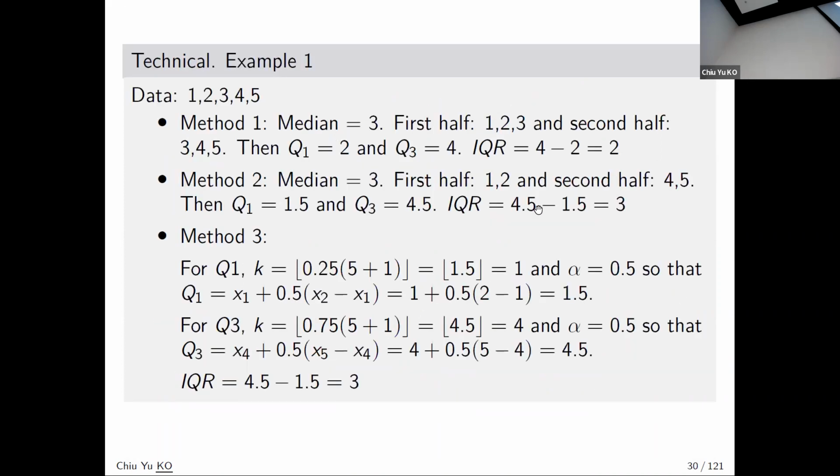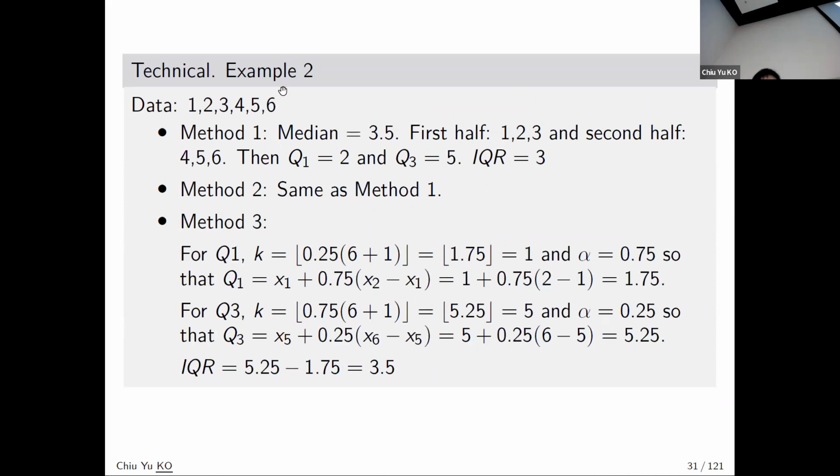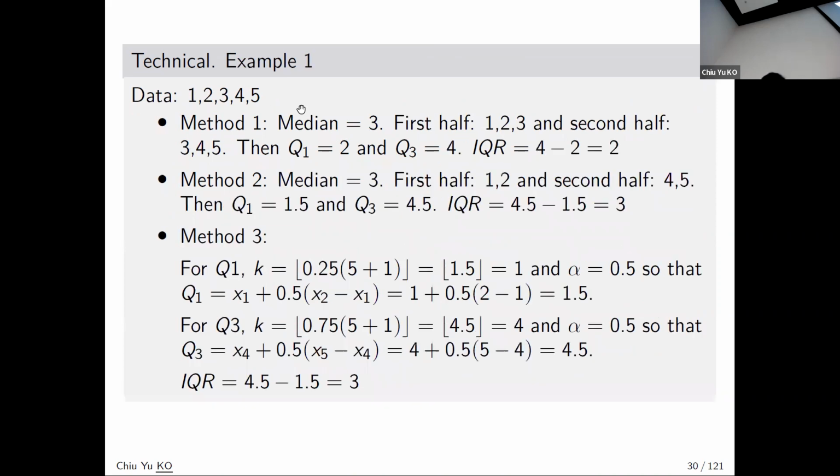Look at this: 1, 2, 3, 4, 5, and later we contrast it with example 2: 1, 2, 3, 4, 5, 6. One is odd and the other is even. For 1, 2, 3, 4, 5, obviously the middle guy, the median, is 3. Method 1 says we include the median in our calculation.